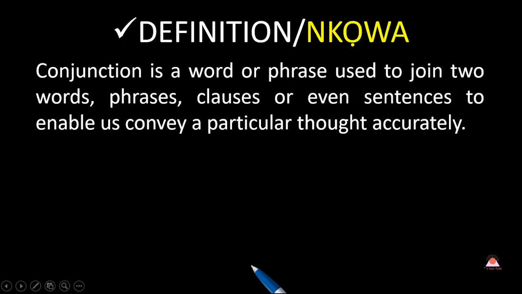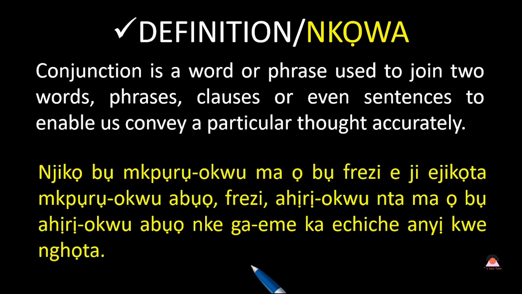The first one, definition, which we call nkowa. Let's look at the simple definition of conjunction in English first before Igbo. Conjunction is a word or phrase used to join two words, two phrases, clauses, or even sentences to enable us convey a particular thought accurately. But let's look at that in Igbo language and see what it looks like.